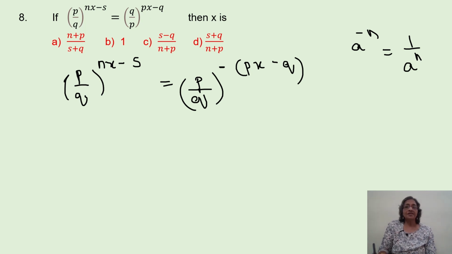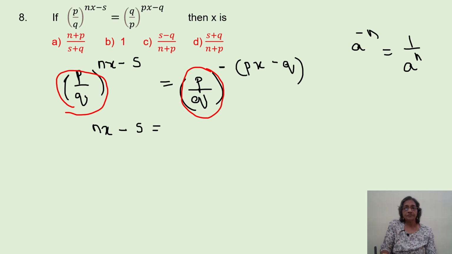Now my bases are the same in both the cases, that is in your LHS and in the RHS. So what will happen to the index numbers? They would become equal. I need to find the value of x, so I'll take the terms of x together.